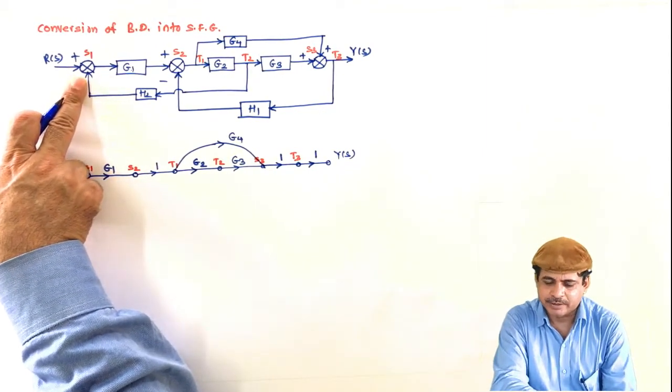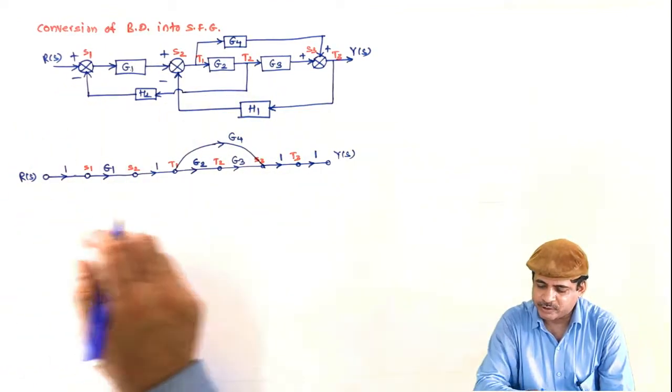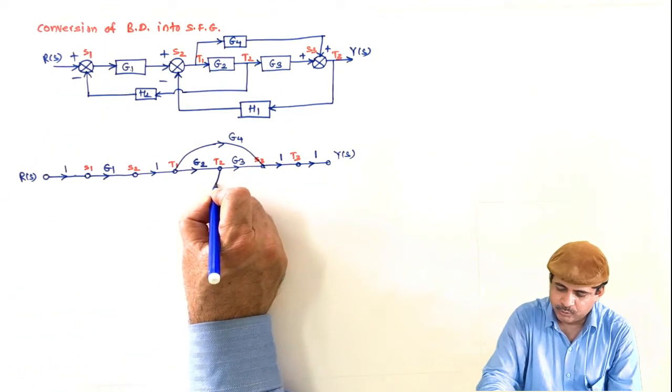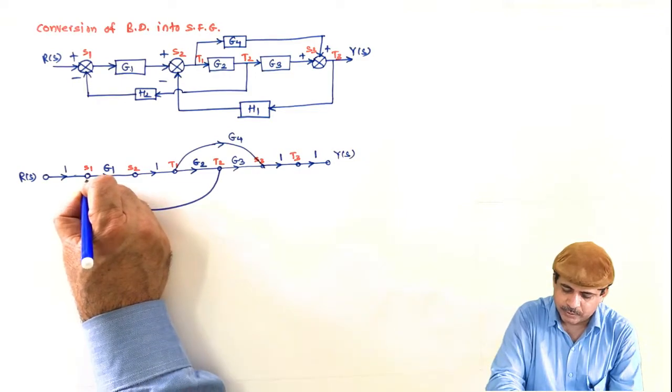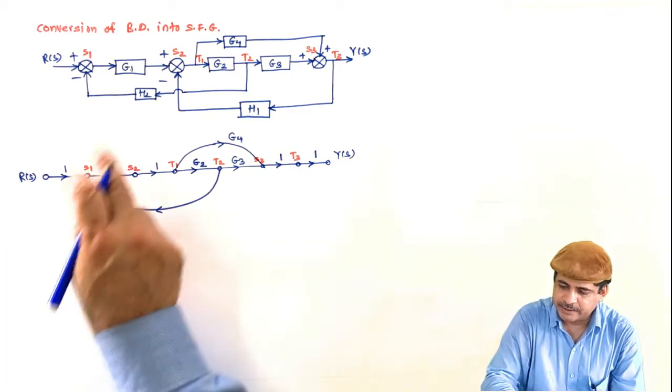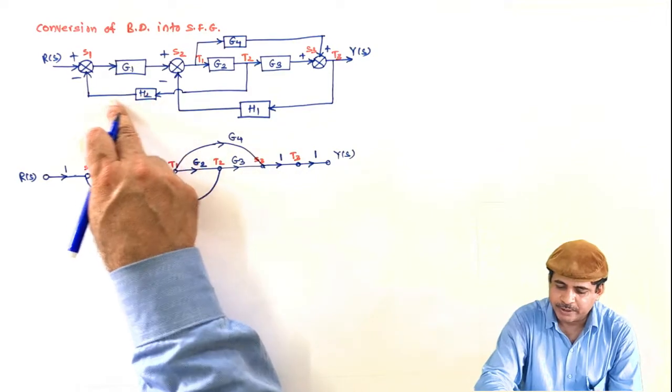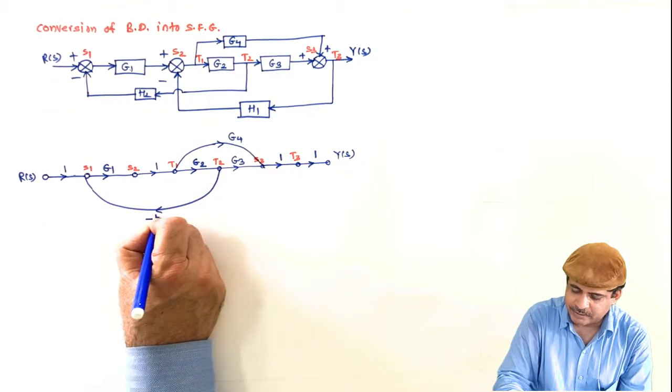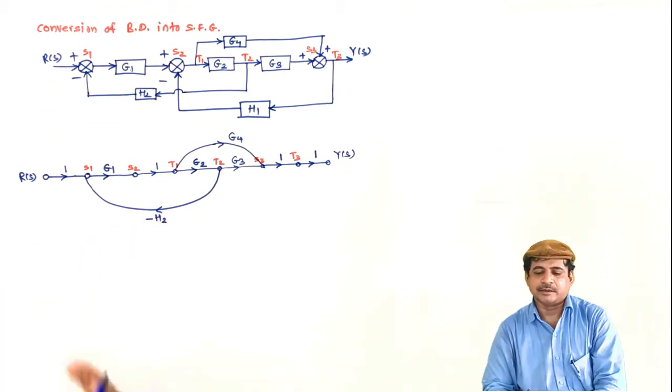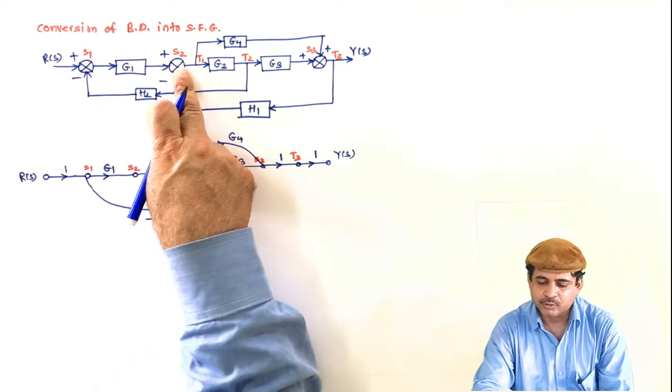Or start with S1. S1 we have T2. T2 to S1 there is a link. What is the gain? H2, and this is negative sign. So minus H2 because of negative feedback. Then come to S2.